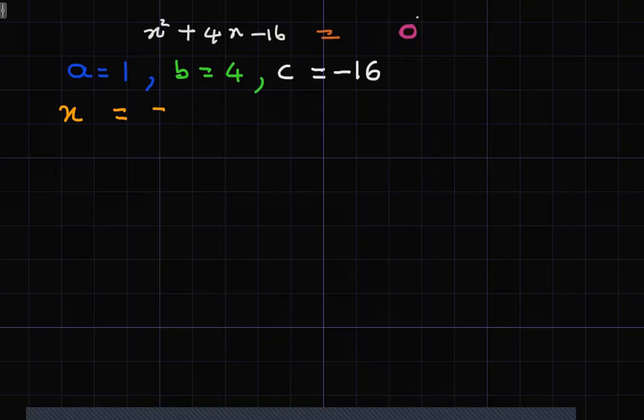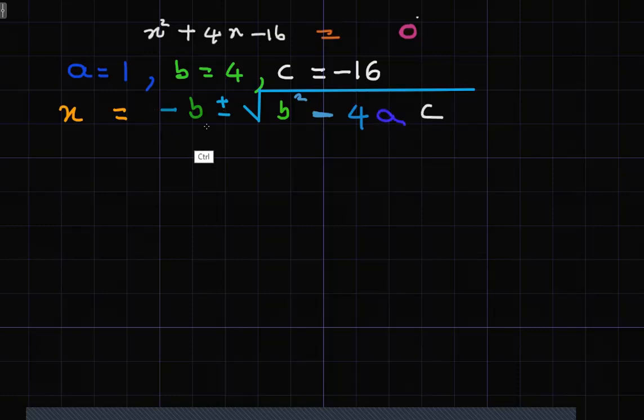All right, let's use the colors. Minus B, then comes plus or minus, then comes the square root sign, then B squared minus 4AC, divided by what? 2A.